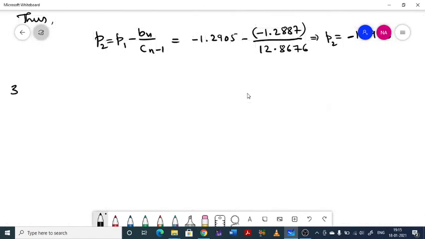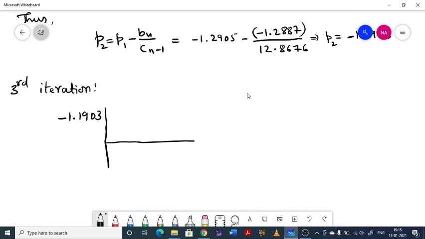Third iteration, we get minus 1.1903 here. So coefficients are 1, 0, 0, 0, minus 1, 1.